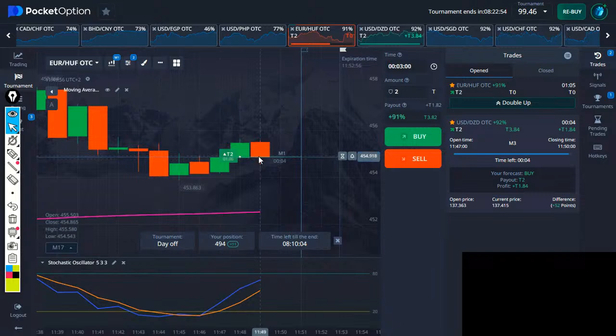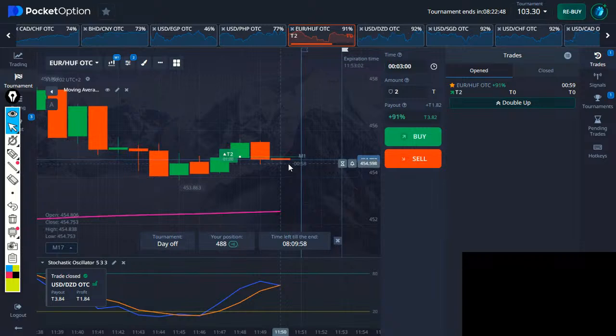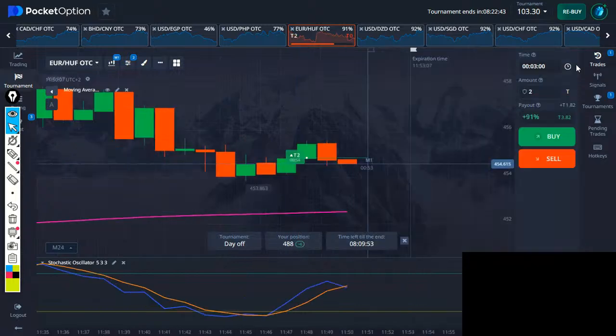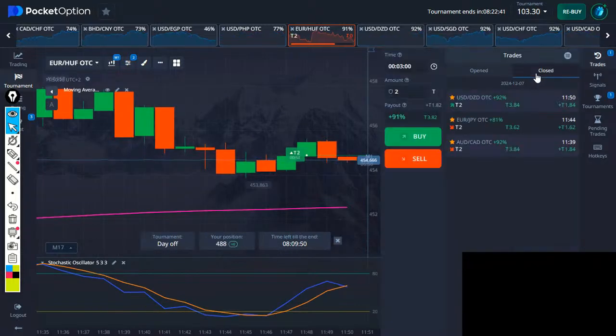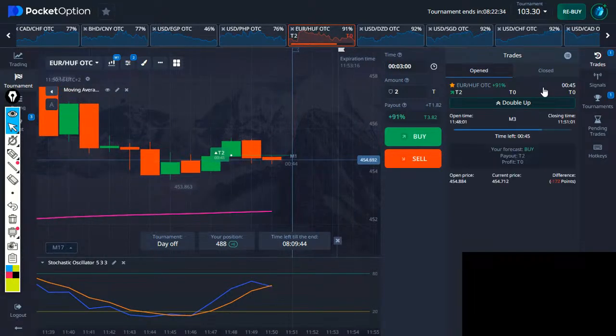Euro HUF, if we get a gap down on the next candle, it might be nice. So up to this point, we have 3 winning trades. The fourth is still playing out, so let's see.